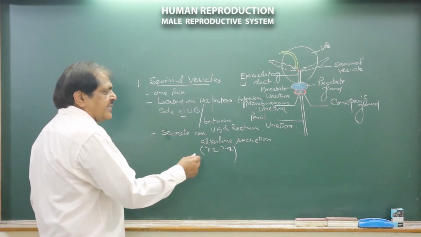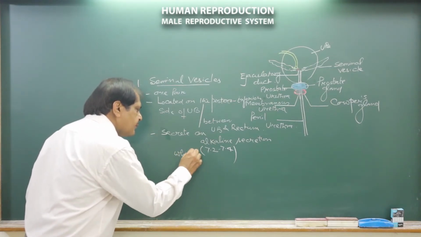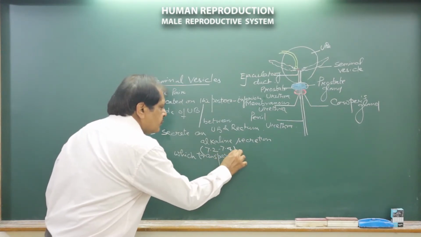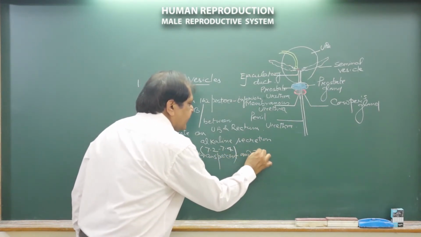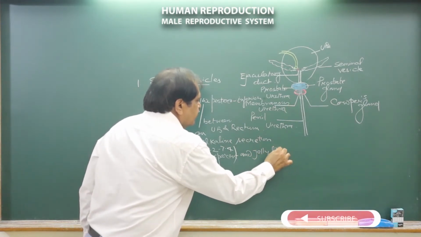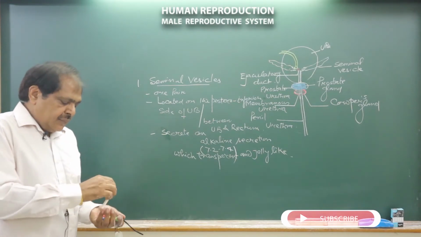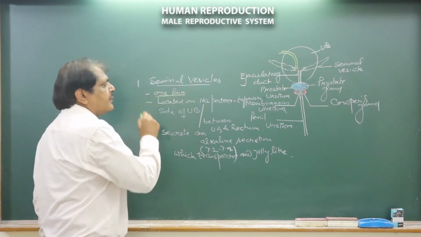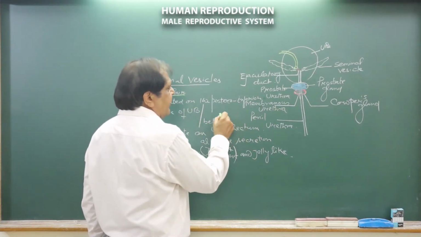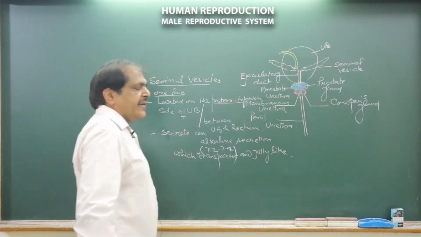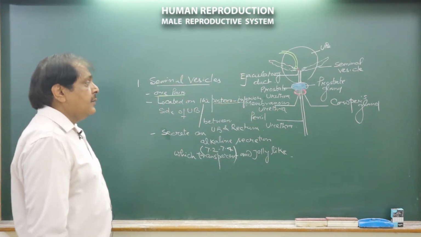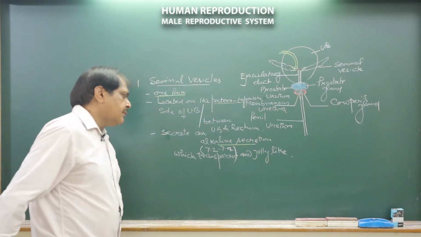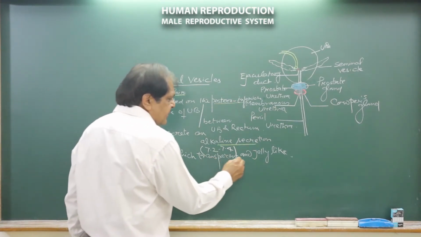And this secretion is transparent and jelly-like. Again, one pair located between the urinary bladder and the rectum, or we can say on the posterior side of the urinary bladder, they secrete alkaline secretion which is transparent and jelly-like.